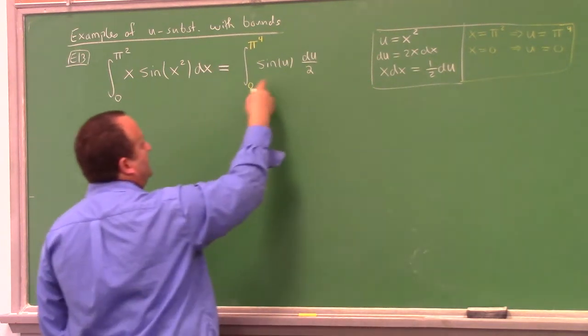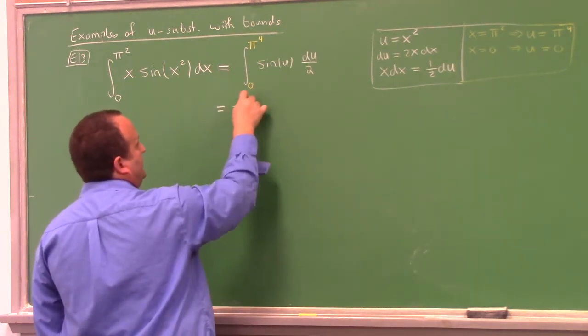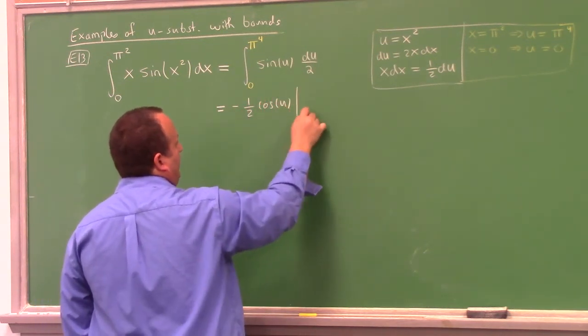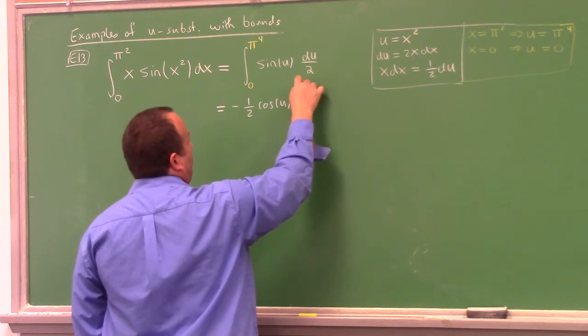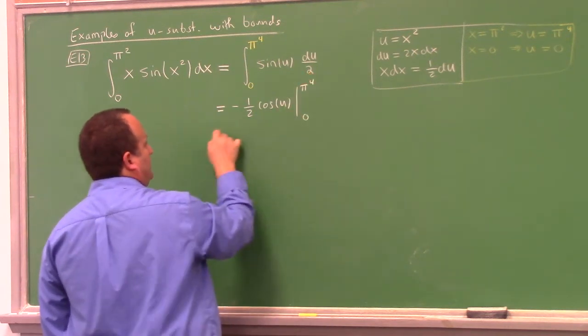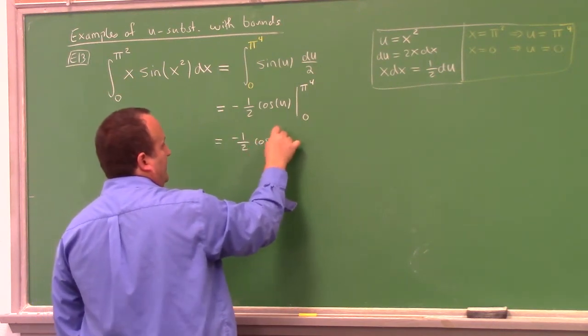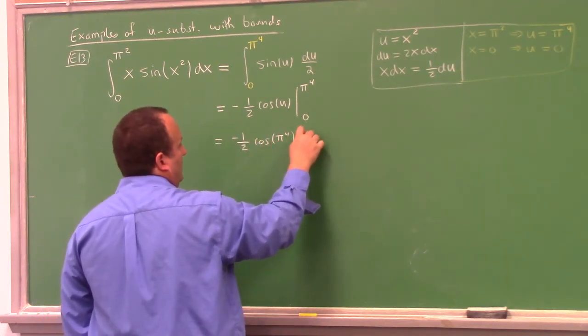Then this has antiderivative minus 1/2 cosine of u. FTC2 says evaluate from 0 to pi to the 4th. Answer: minus 1/2 cosine of pi to the 4th plus 1/2.